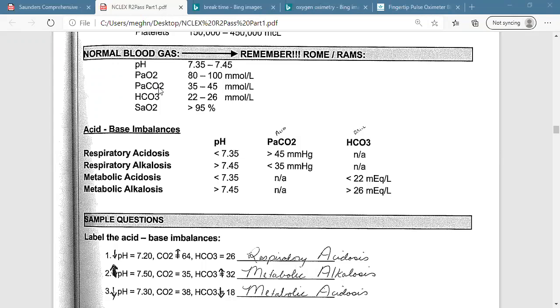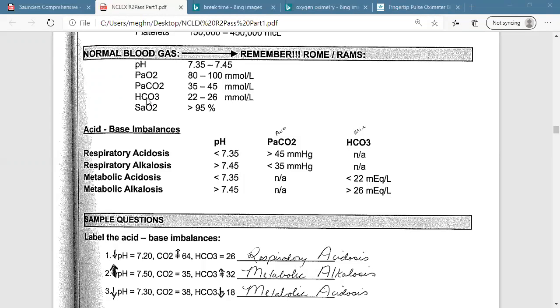And what is the normal partial pressure of carbon dioxide? 35 to 45. Carbon dioxide is the marker for respiratory problem.